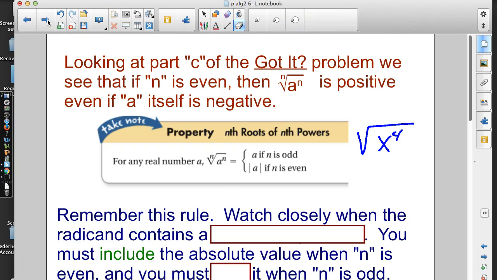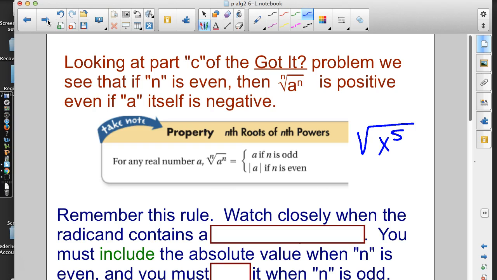Oh, I better give you one that probably doesn't work out quite as nice. The square root of x to the fifth. So when the person wrote this problem, this is all about the author's intent, they knew that we were only going to put positive numbers in here to get an answer.